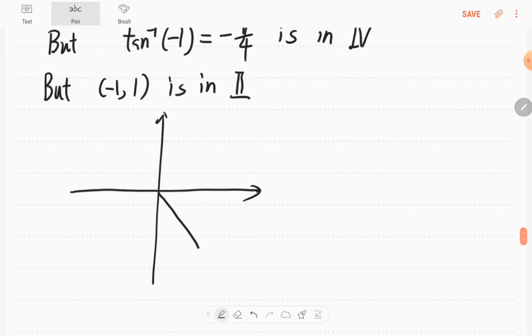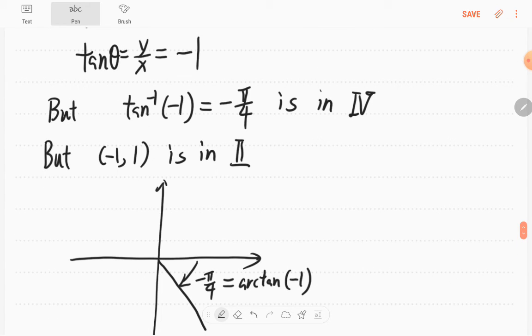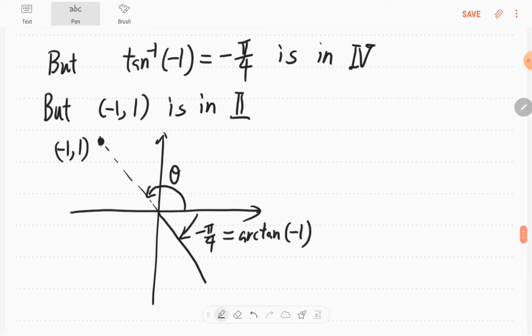So this is -pi over 4. This is the arctangent of -1. If you just take the tangent inverse, it will give you this angle, but we need the second quadrant, which is this angle. We need our theta to be this angle, because this is the point -1 and 1. So how do we get this angle from -pi over 4?